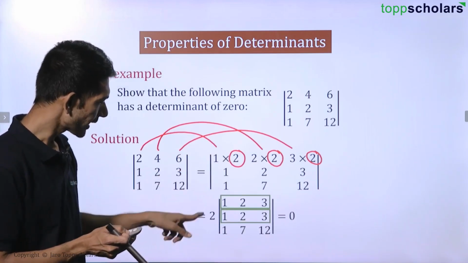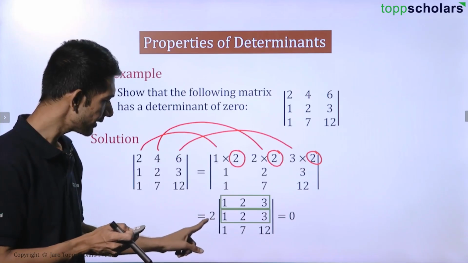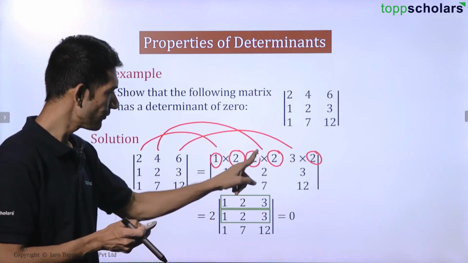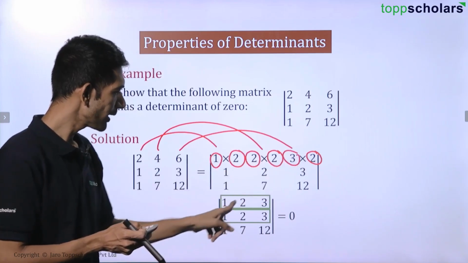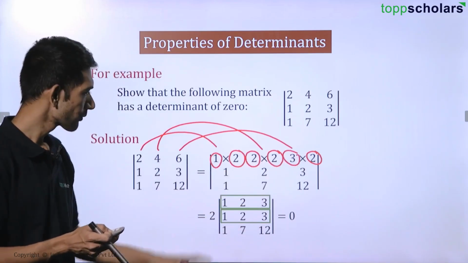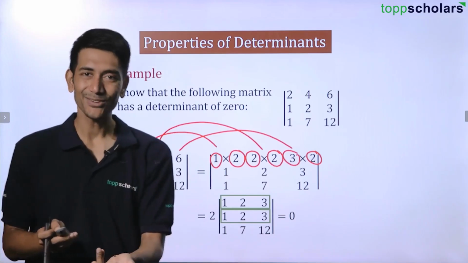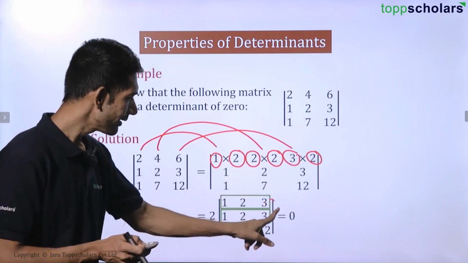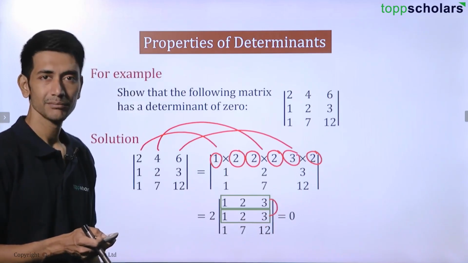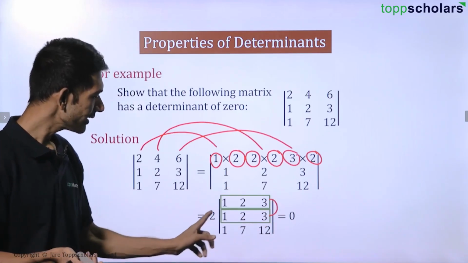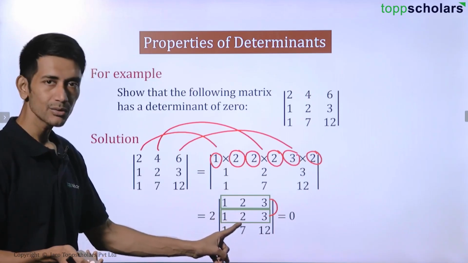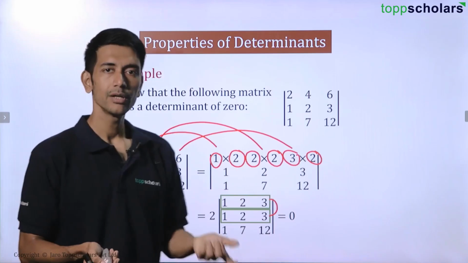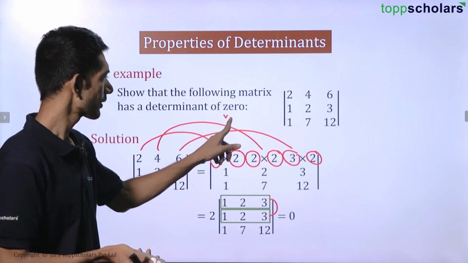So 2 is outside. This 2, which I have circled, is outside. So this 1, 2 and 3 becomes your first row. 1, 2 and 3 is already your second row. And then 1, 7, 12 is your third row. Now can I say these two rows are identical? Yes, they are. So directly 2 multiplied by the determinant of this is 0. 2 multiplied by 0 is 0. You get the final answer as 0.